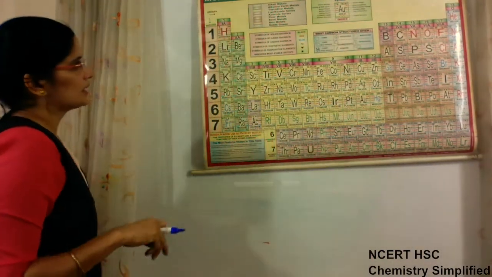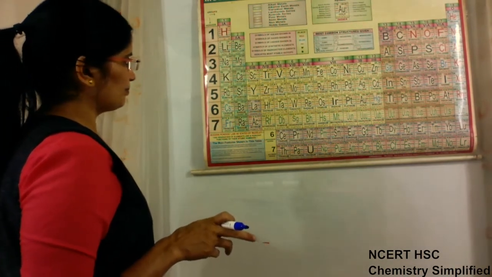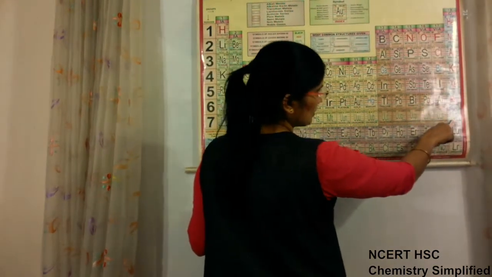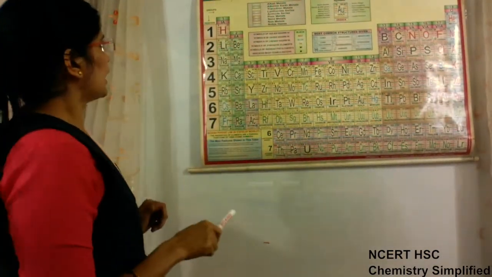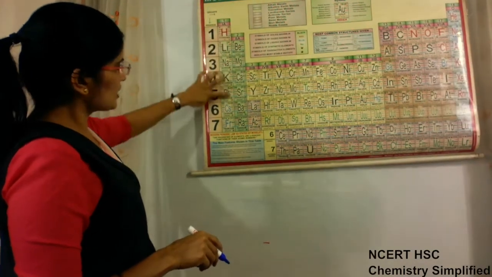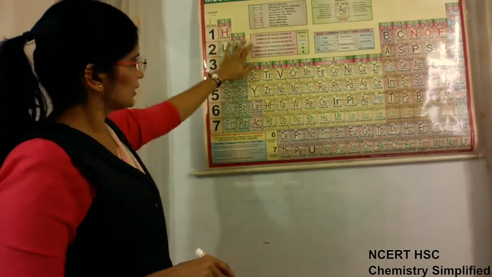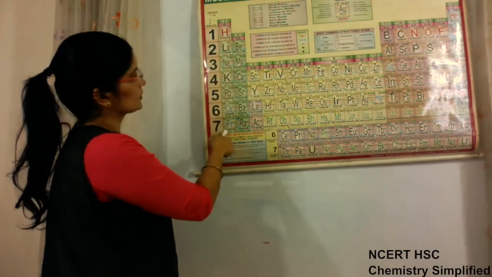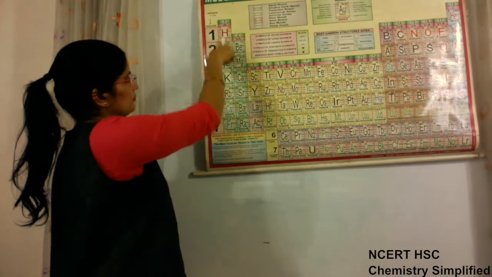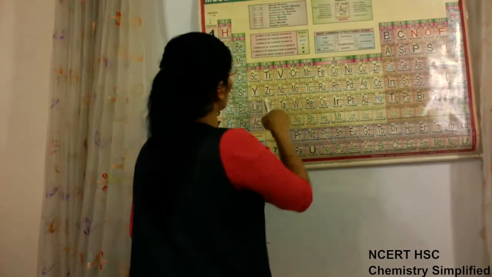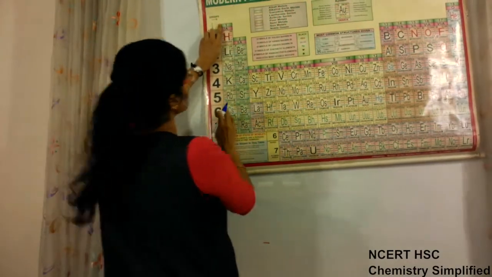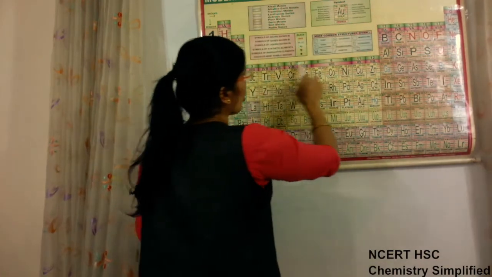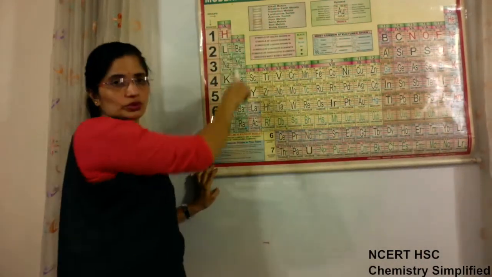The first thing is this: if we have a look at the periodic table, we come to know that a total of 118 elements have been placed in the periodic table, and these are vertical rows, known as groups. From top to bottom, these are all groups. If we start from here, this is group number 1 and this is group number 18. So in all we have 18 groups.